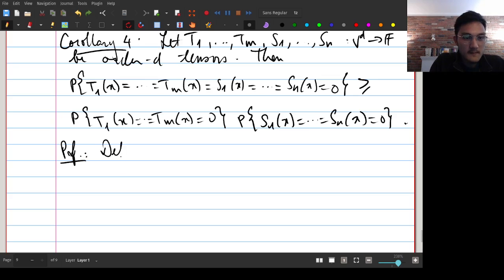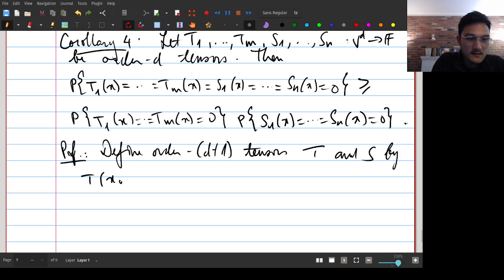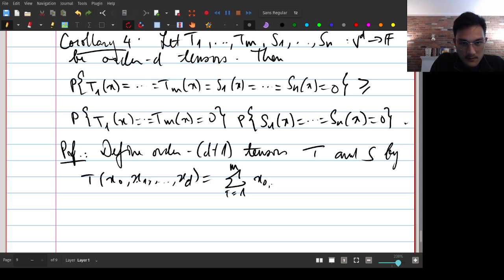Okay, so proof. We define order D plus 1 tensors, T and S, by T of x_0, x_1, all the way up to x_d is equal to the sum from i equals 1 to m of x_0i T_i of x_1 up to x_d.